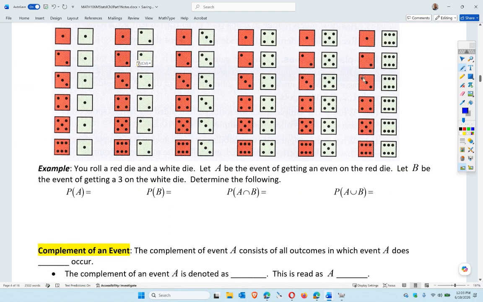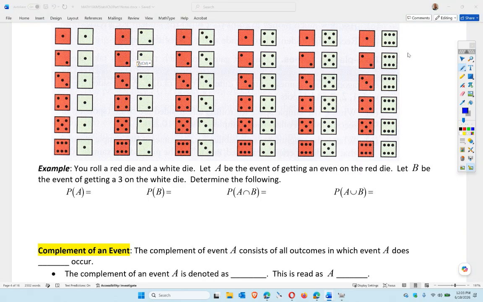So this is the sample space of all the dice combinations if you roll a die that's white and red, right? So you get 36 combinations here, right? So I want to know if B is the event of getting a 3 on the white die, and A is the event of getting an even on the red die.